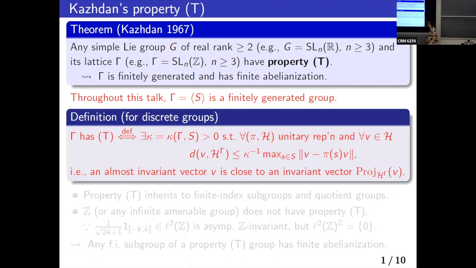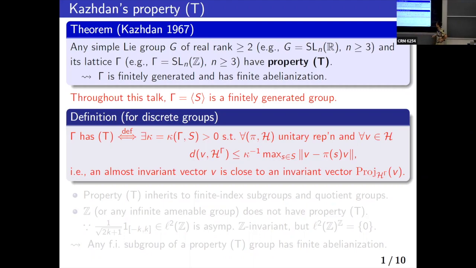I assume from the beginning that all discrete groups, all countable groups I will talk about, are finitely generated with some distinguished generating set. Then property T is equivalent to this quantitative form: for any unitary or orthogonal representation of gamma, if a vector v is moved only a little by the generating set, then it's actually close to an invariant vector.